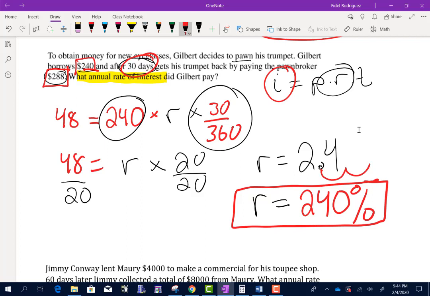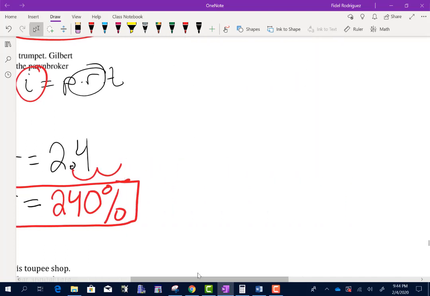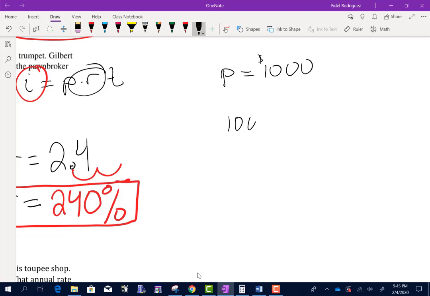Okay, 240% would be something like, I'm going to just move my notes over to the right. Here we go. So 240% would be something like, suppose I lent you $1,000 today. Today is the 4th of February of 2020. Suppose on the 4th of 2021, I wanted you to pay me back. Well, number one, you're going to give me the $1,000 that I gave you.